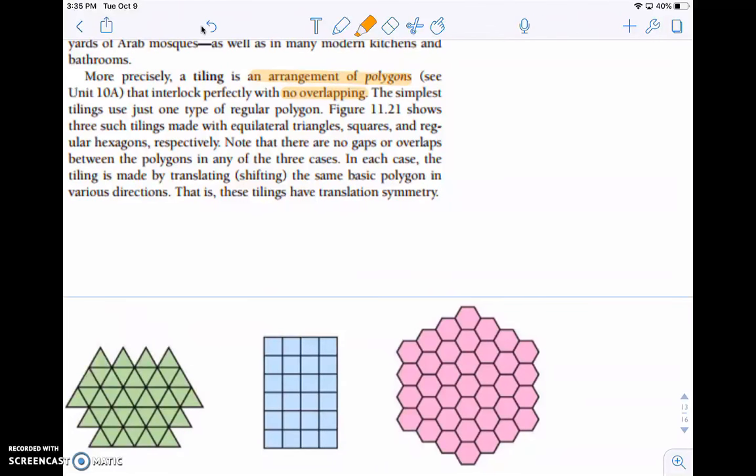Note that there are no gaps or overlaps between the polygons in these three cases. In each case, the tiling is made by translating or shifting the same basic polygon in different directions. That is, these all have translational symmetry. So you're not rotating them, you're just moving them side to side and up and down.